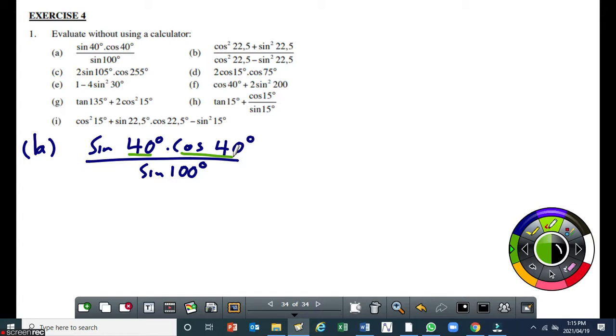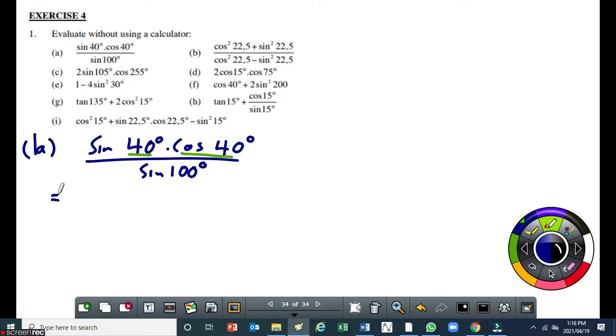Since I know that I've got a double angle for sine, which is sine 2 theta is 2 sine theta cos theta, but for this question the 2 is not there. If the 2 is not there, it means the right-hand side is divided by 2, and the left-hand side was also divided by 2.